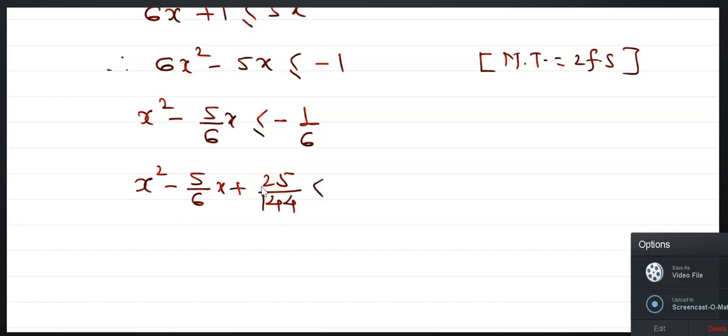The second term will be 5 upon 12, and its square is 25 upon 144. Therefore add 25 upon 144 on both sides.